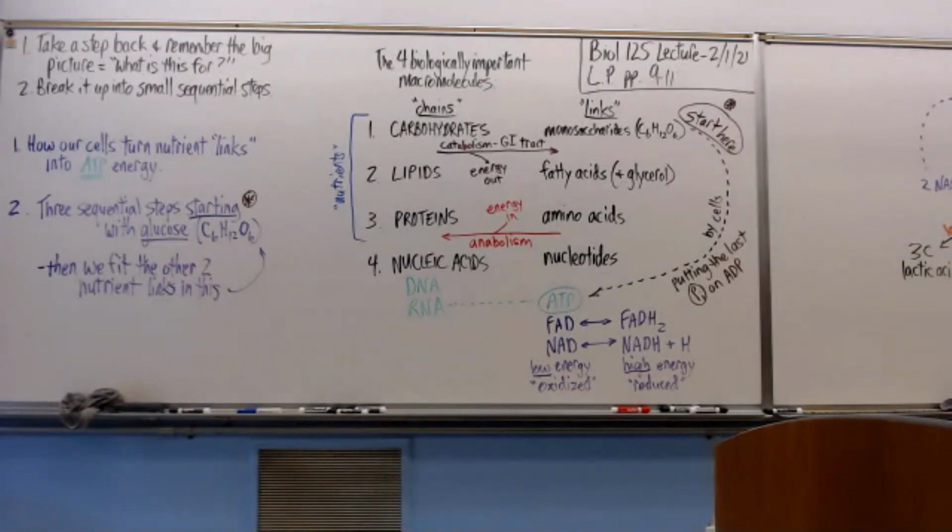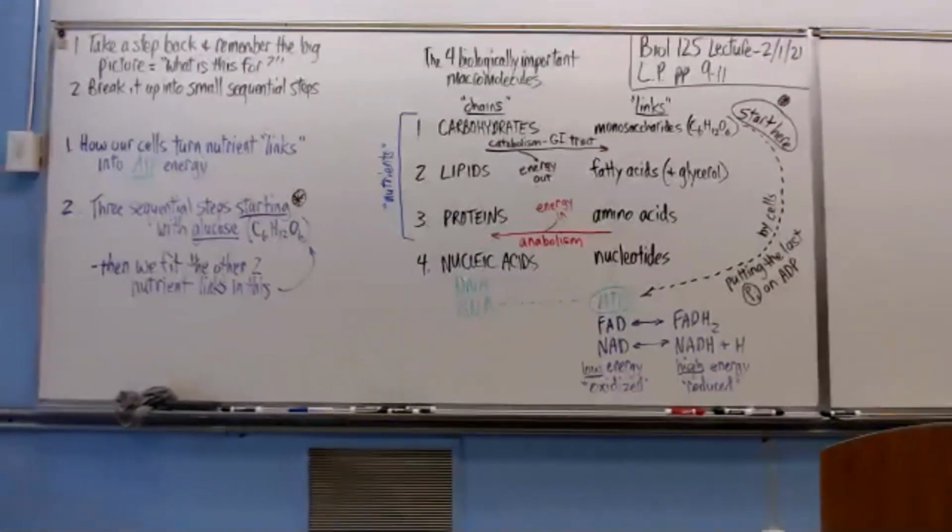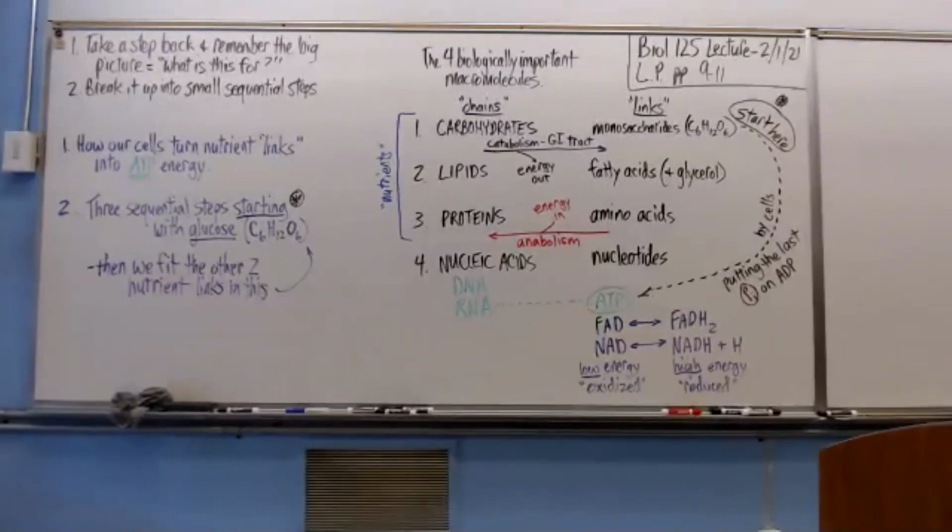It's about how our cells turn the 3 nutrient links, we just finished them up, into ATP energy. We started with the 3 sequential steps with glucose. Then we fit the other 2 nutrient links in that framework. Right, there's the 3 nutrient links, 1, 2, and 3. We're only worried about 1, 2, and 3.